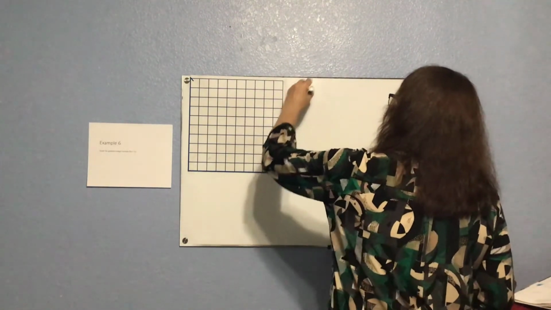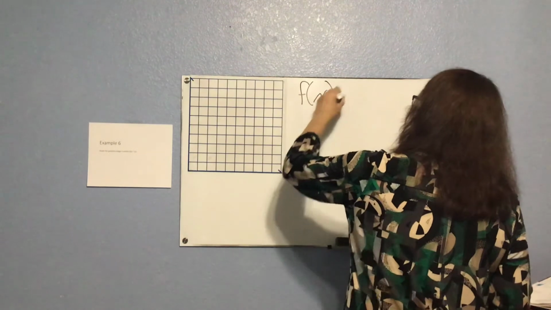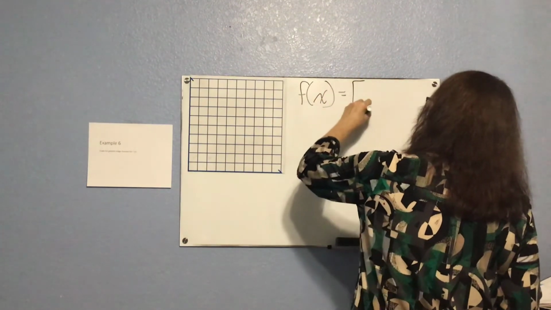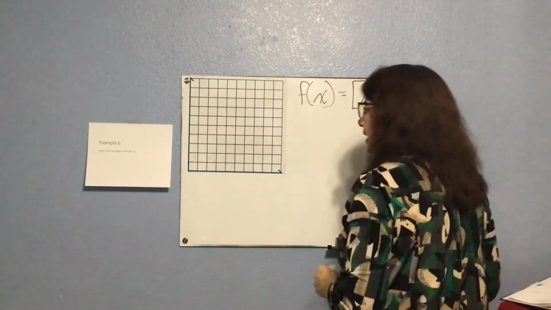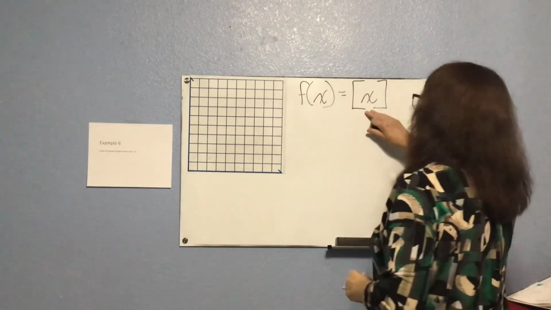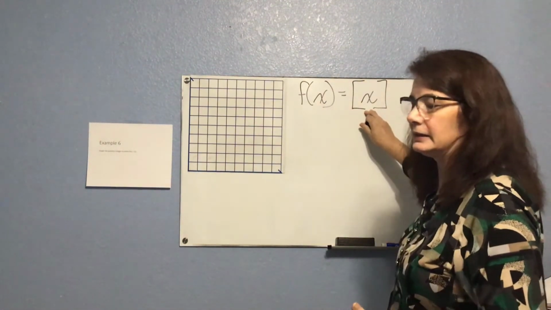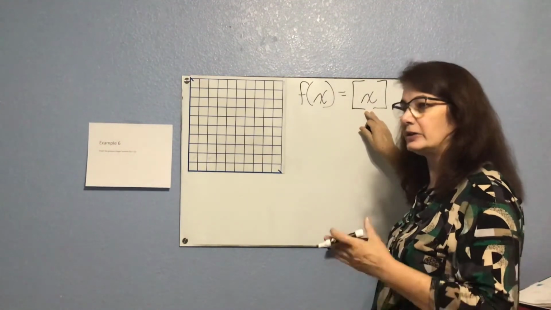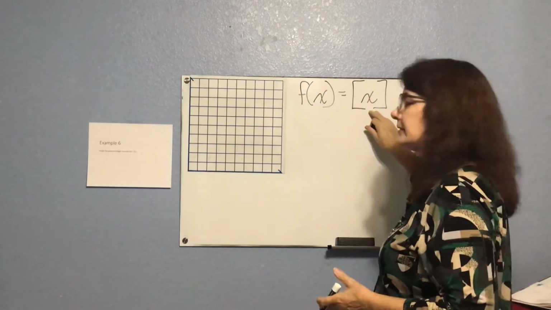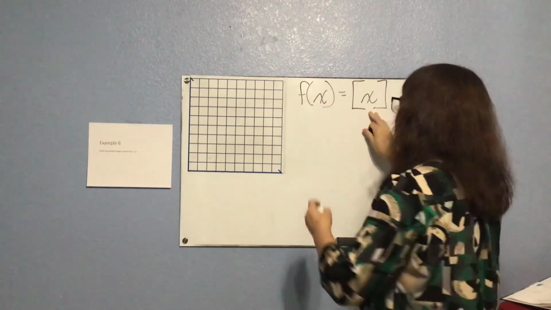Okay, greatest integer function is written this way with brackets around the x. And what that means is I take x and I chop off the decimal. I don't round it off, I chop it off. And whatever's left is the value of my function.